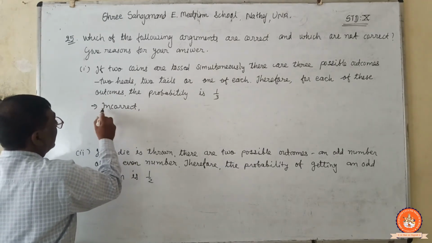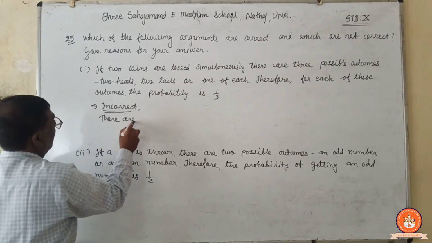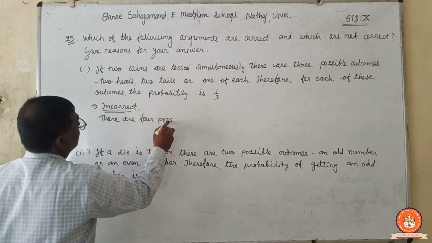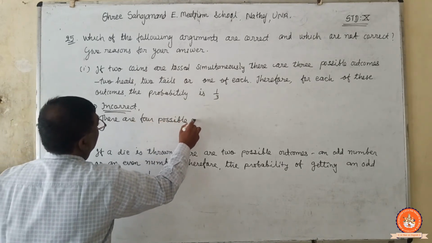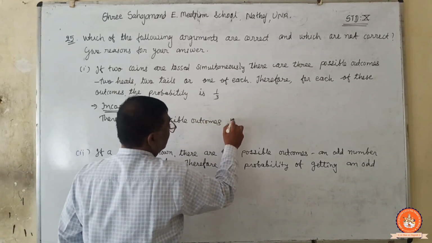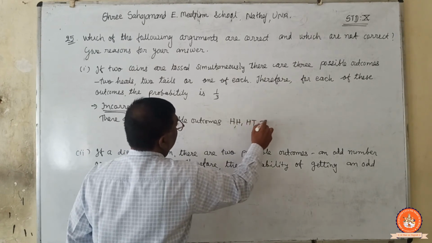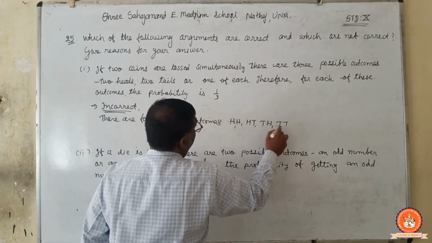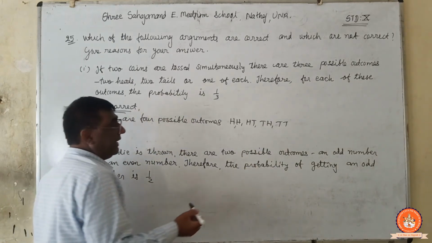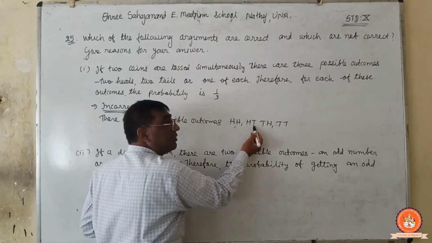Why is it incorrect? So there are 4 possible outcomes. It's HH, HT, TH and TT. So getting one head and one tail, it's a head on 1 rupee coin and tail on 2 rupee coin.